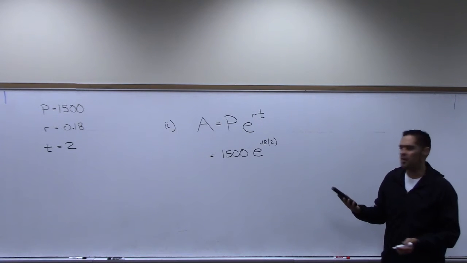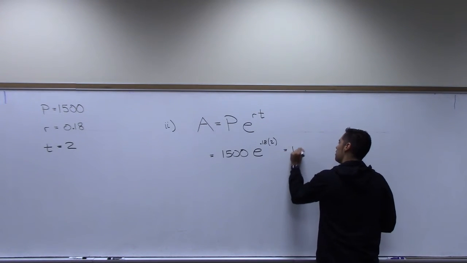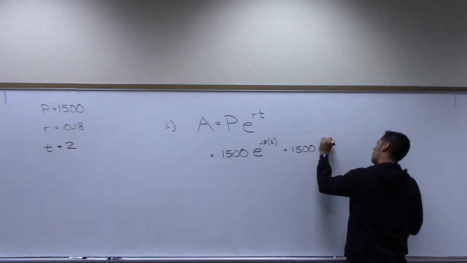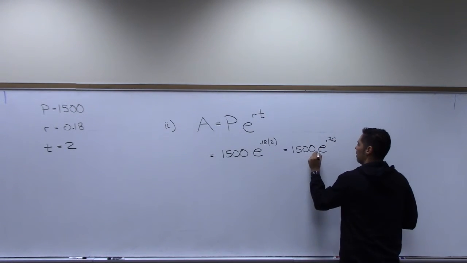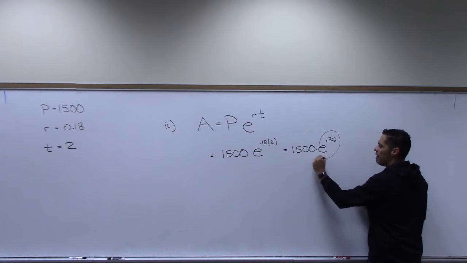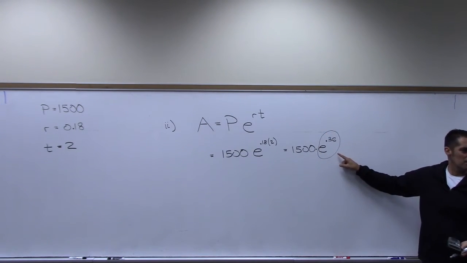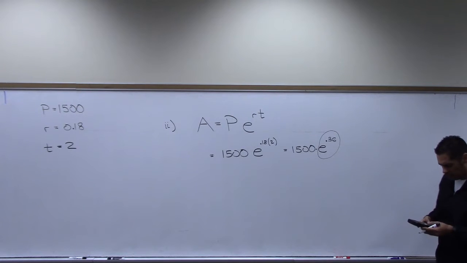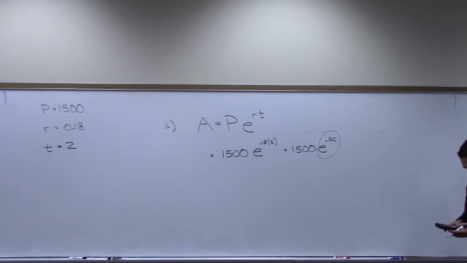And you get 0.36. So now this is 1,500 e to the 0.36. Now this is multiplication. So I want you on your calculator, which y'all just did a second ago, right? You did e squared, or e to the 1, or e to the negative 2. Now do e to the 0.36 on your calculator and tell me what you get.